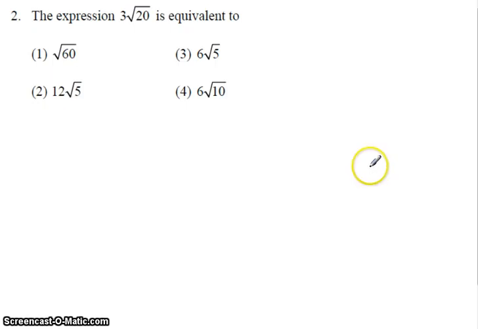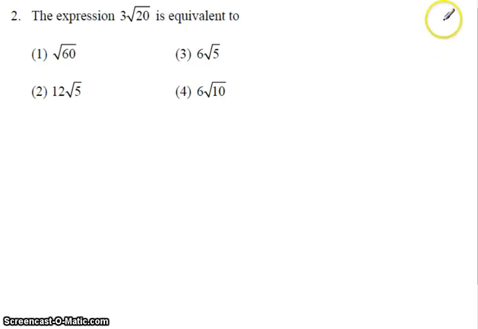Number 2. It says the expression 3 radical 20 is equivalent to what? Again, you could just put this in the calculator, get a decimal, and then put each of the answer choices in the calculator, and one of them will have the same decimal. But it's important to know how to do these.